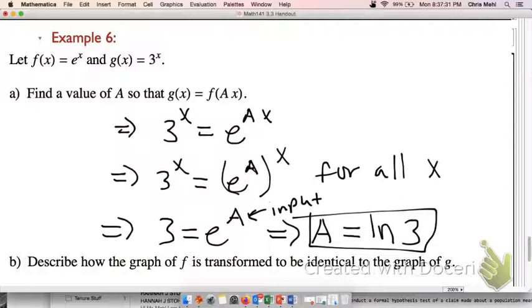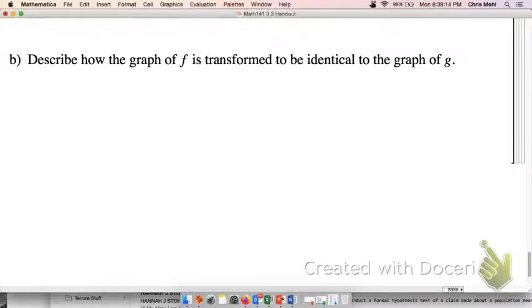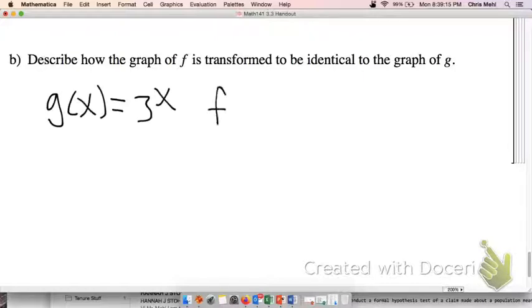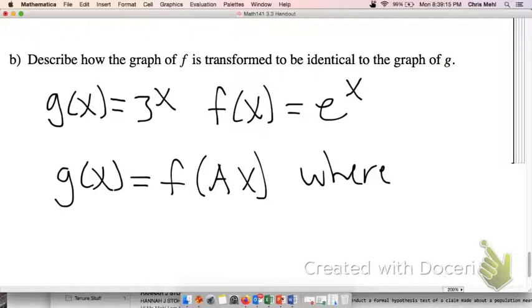Now, finally, part B. Again, g of x is 3 to the x, f of x is e to the x, and we just saw that g of x is equal to f of ax, where a equals ln 3.